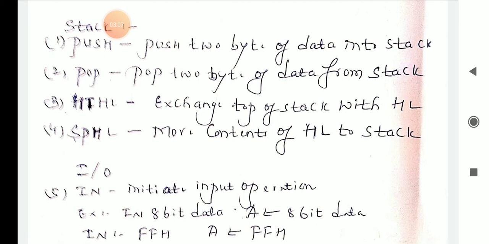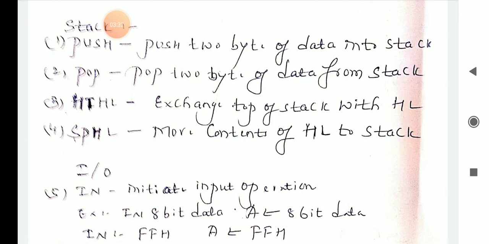2 bytes means, taking register pair examples, HL, BC or DE. In HL, 2 bytes means a total of 16 bits: H is one 8-bit register and L is another 8-bit register, so 8 plus 8 gives 16 bits of data you can store onto the stack.